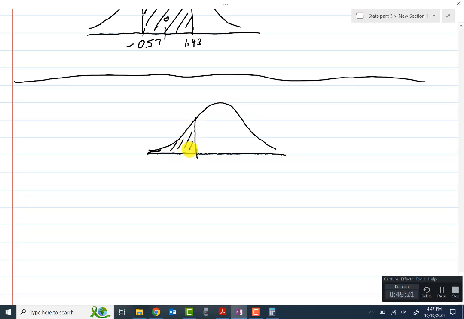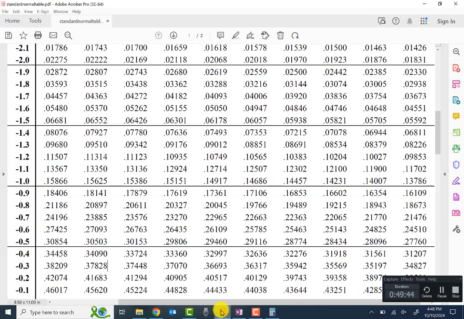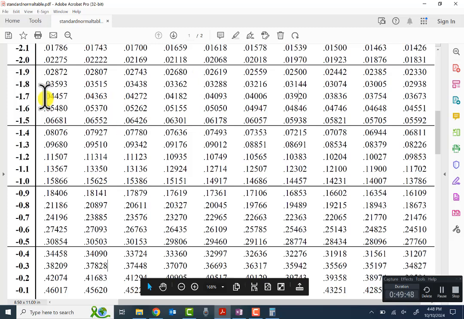All right, suppose you are not told this, so this z value you do not know. However, you're told that the shaded region has a certain area to it. So let's say the shaded region is, I don't know, let's call it 20%. So we'll say 0.20. That's my shaded region. Now I come into the table and I'm not actually looking at these margins anymore.